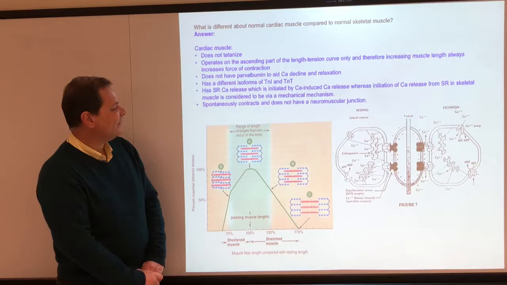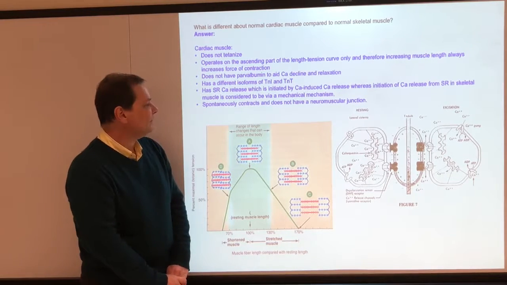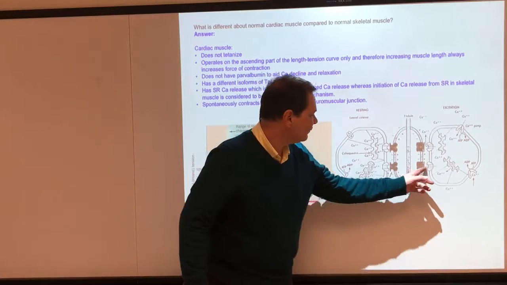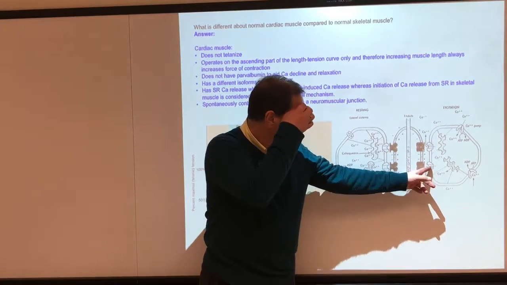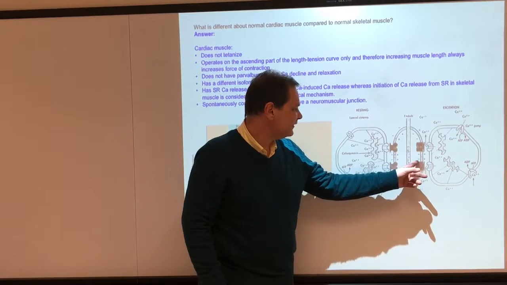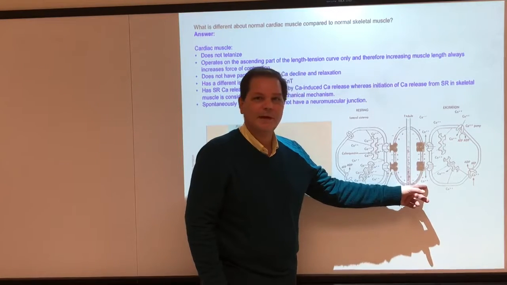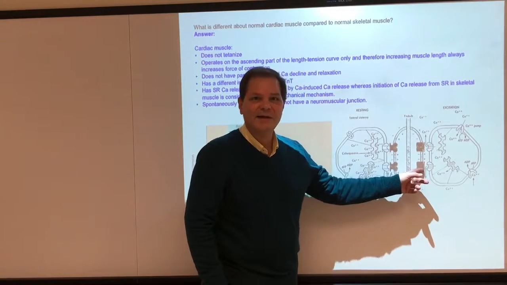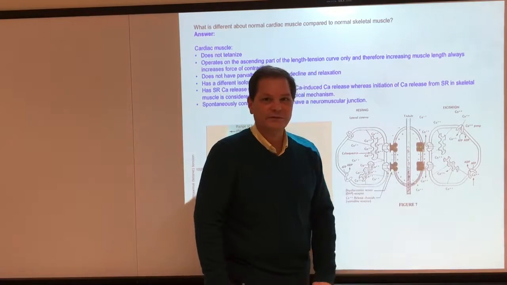Cardiac muscle has calcium-induced calcium release, and again, skeletal muscle has mechanical release. So in skeletal muscle, the dihydropyridine receptor and the SR calcium release channel are connected. And when this changes conformation in response to voltage, calcium is released from the ryanodine receptor due to that direct connection. In cardiac muscle, you need calcium influx through this DHPR.